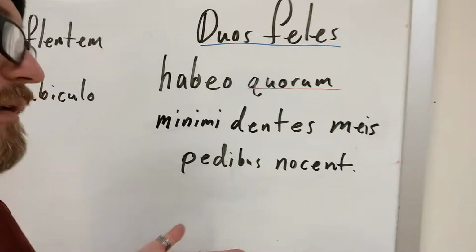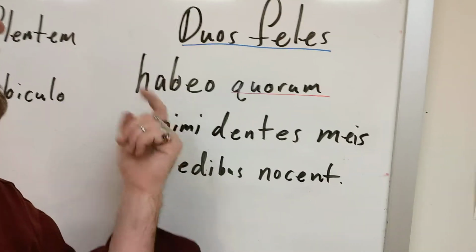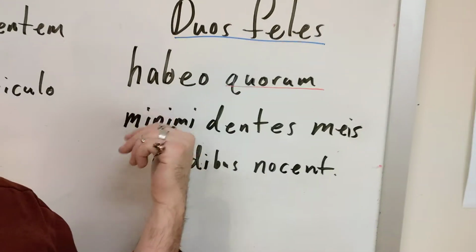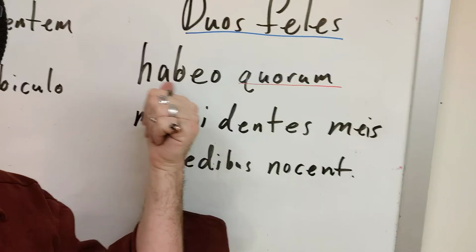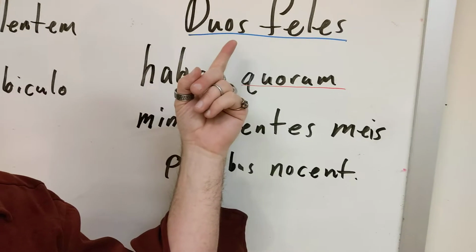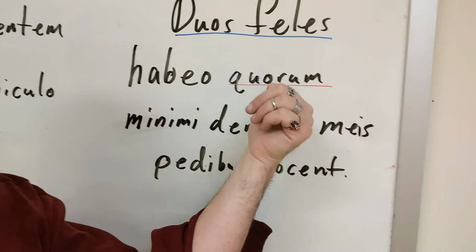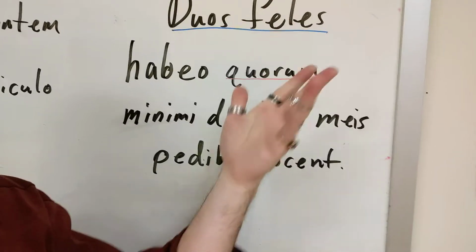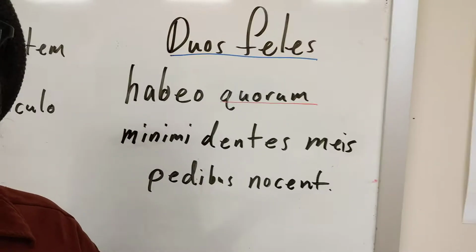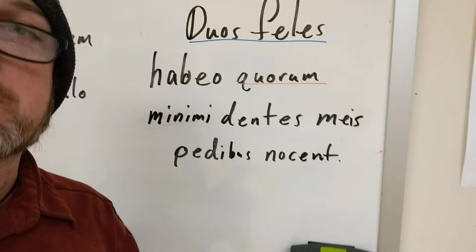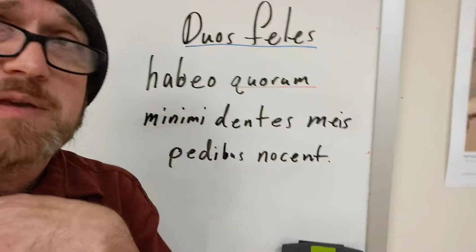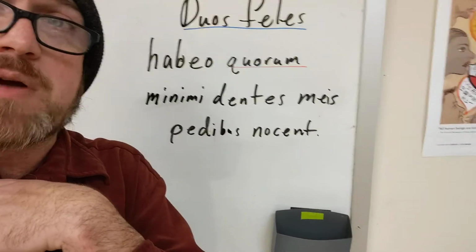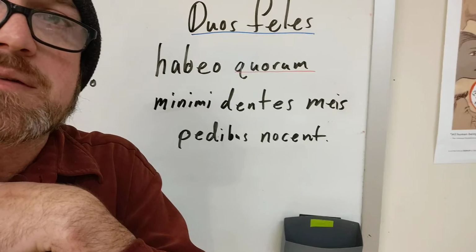Okay? So my main clause here is actually just the bit at the beginning. I have two cats. I've got my subject and verb combo, I have. I've got a direct object, two cats. And then quorum is my relative pronoun. It starts a relative clause. And we know that it describes the two cats and not, say, me, because theoretically I could have a relative clause that described I as the subject.